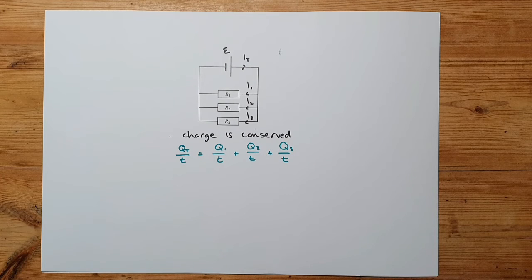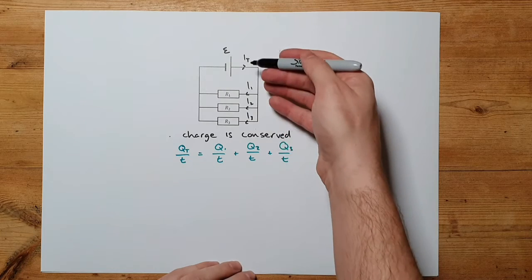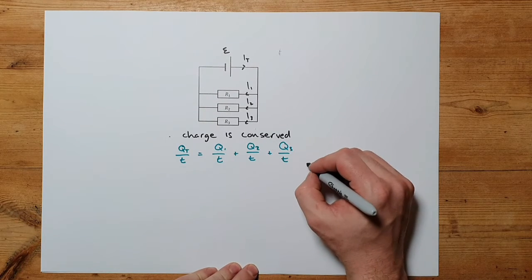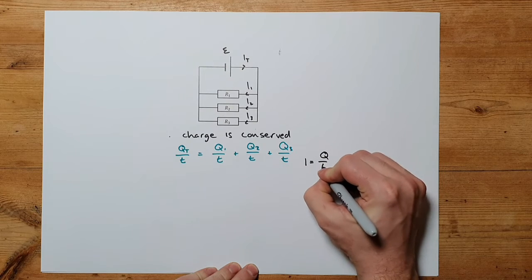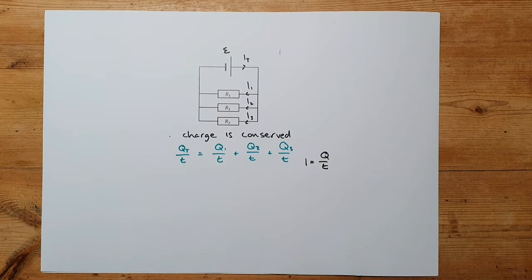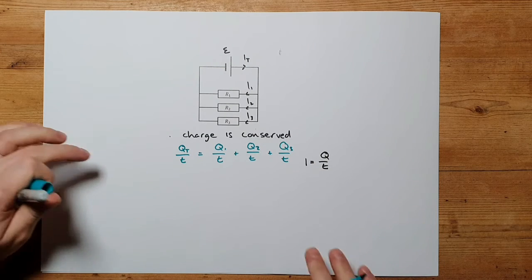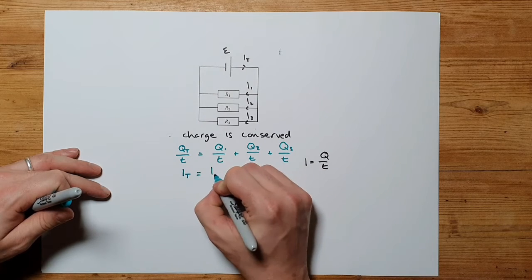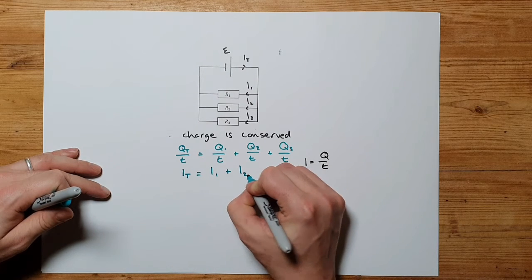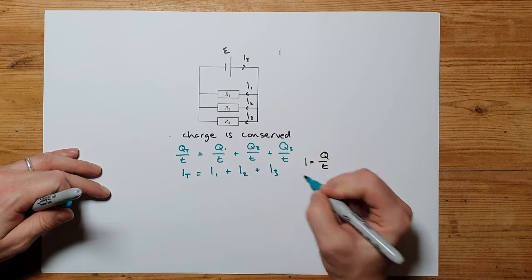Now you might have already spotted that the charge per second we call the current, and that's what we have labelled on our diagram here. So we're just going to write to the side that I is equal to Q over T, the charge per second, and we're going to substitute that into our formula here. So we end up with the total current is equal to the current at 1 plus the current at 2 plus the current at 3.